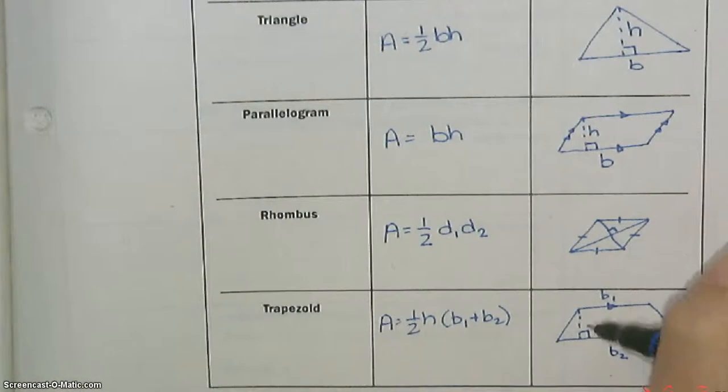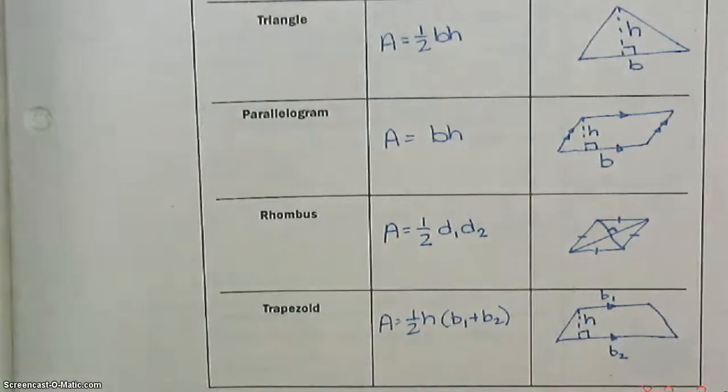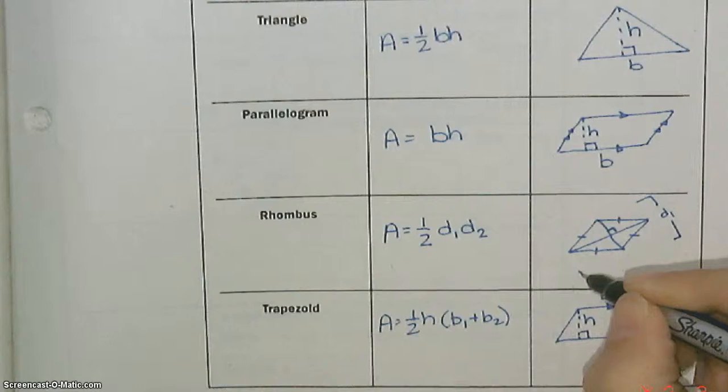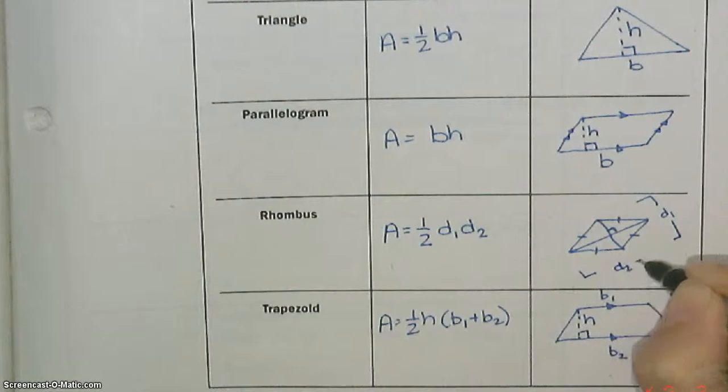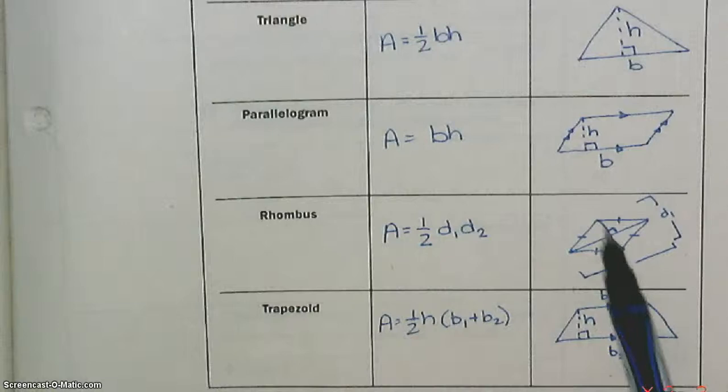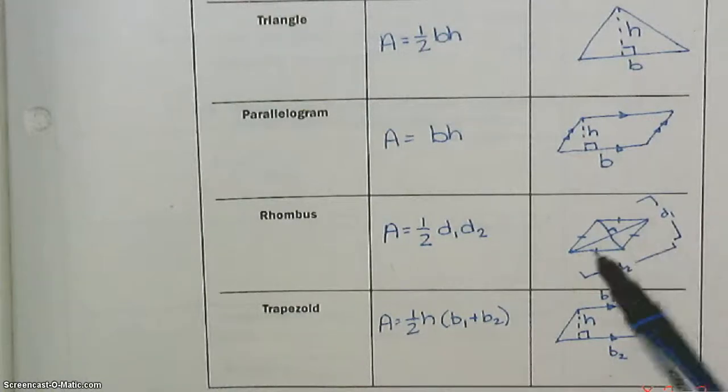Put your right angle in there. There is your height. All right, here, there's diagonal 1. There's diagonal 2. This distance and this distance.